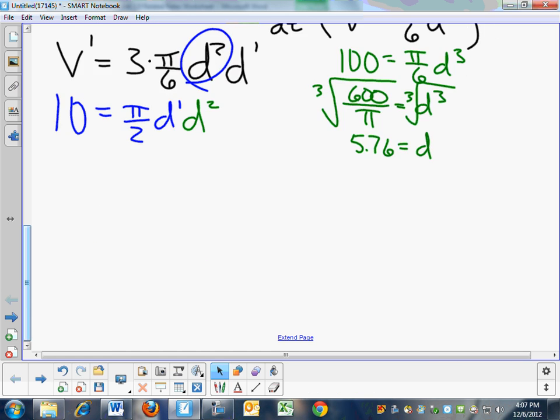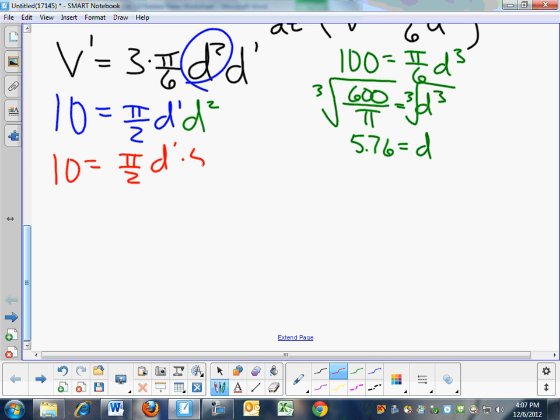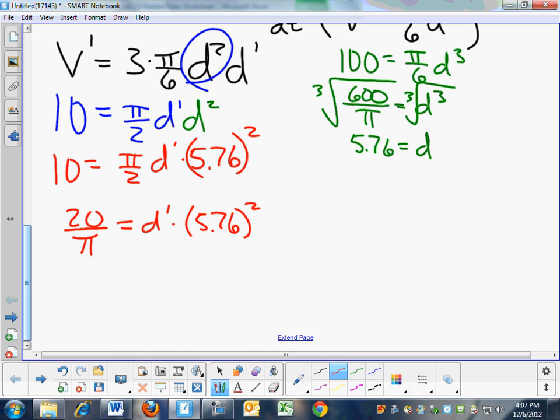So, as I continue to solve this problem, I have 10 equals pi over 2 times d prime times 5.76 quantity squared. Multiply by the reciprocal, we get 20 over pi equals d prime times 5.76 squared.